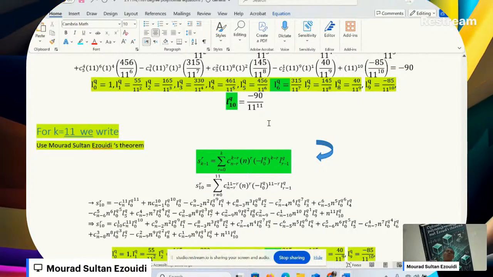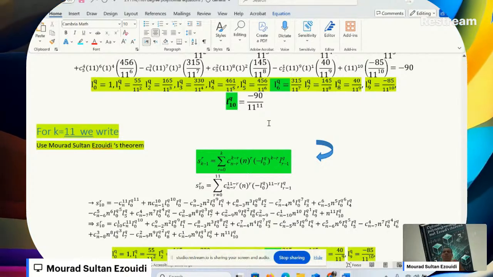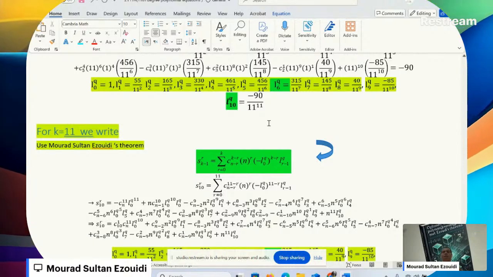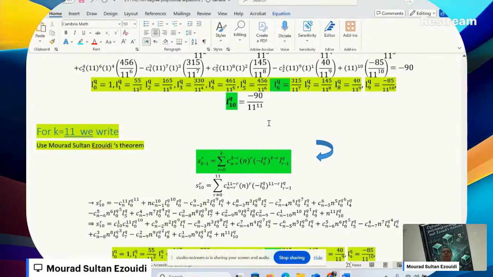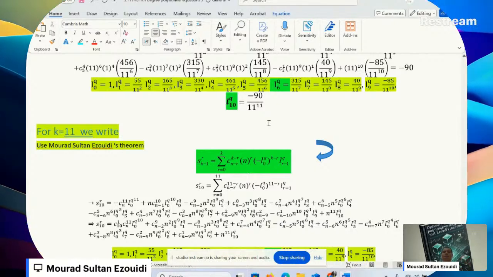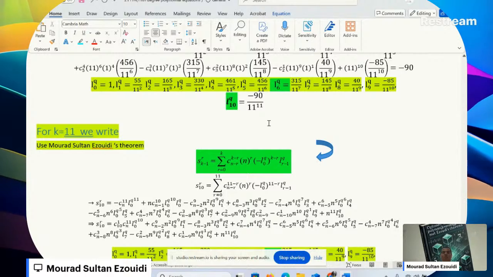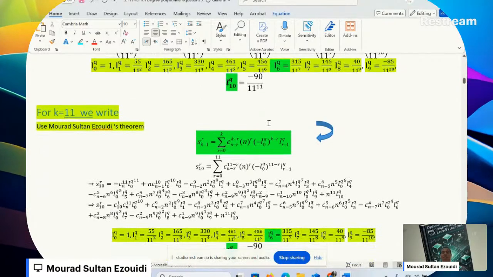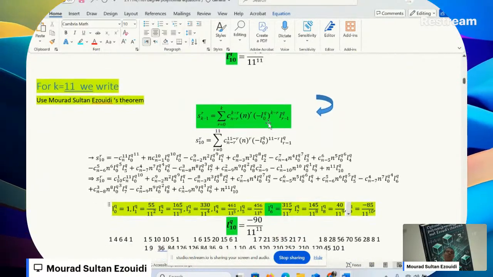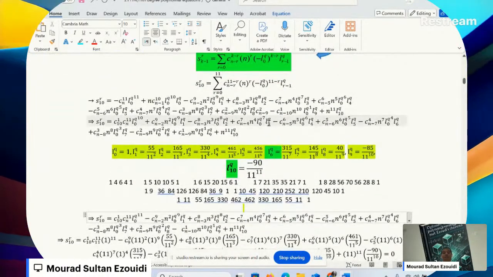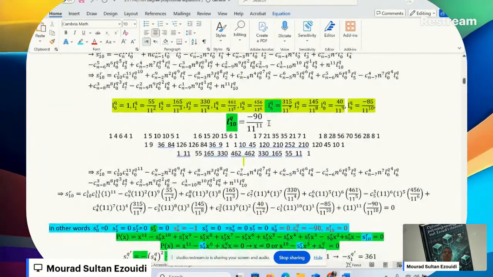They will use the factorization method, classical methods like Newton, approximation, like the Abel theorem, but they will say it's not possible to solve equations of power 11 because no one did it, except Professor Mourad Sultan Ezouidi, who invented so many theorems dealing with mastering the solution of algebraic methods.